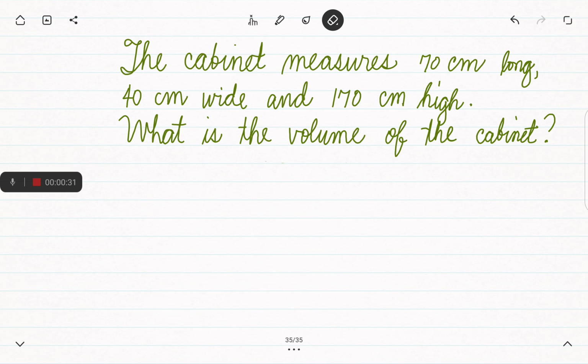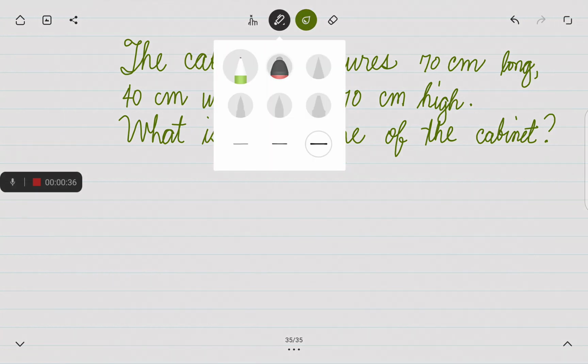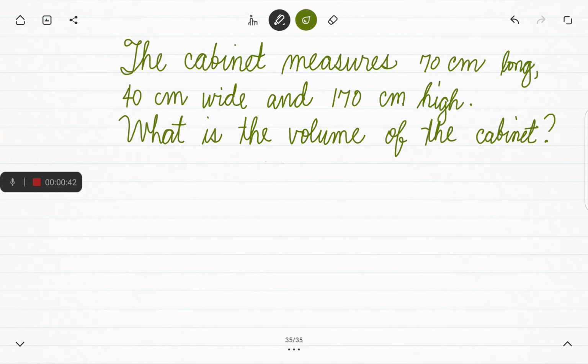When we say ask, we are going to look for the question in the problem.